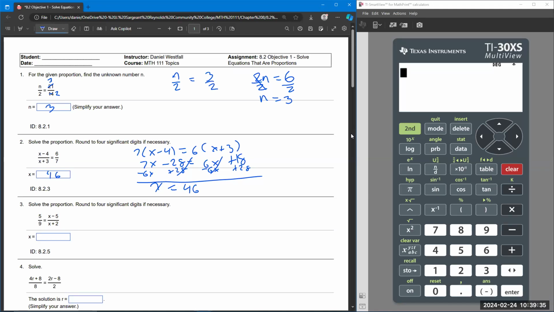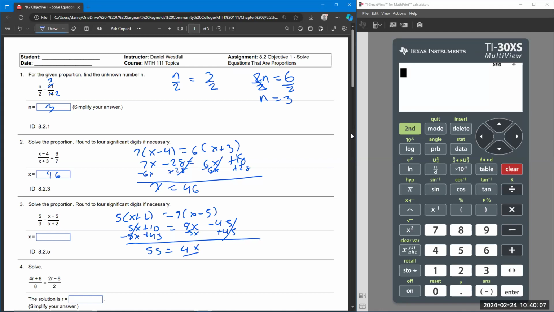Doesn't matter which side the variables are on here. 5 times x plus 2 equals 9 times x minus 5. 5x plus 10 equals 9x minus 45. Let's bring the x's to this side because there's more x's over here. 55 is equal to 4x.